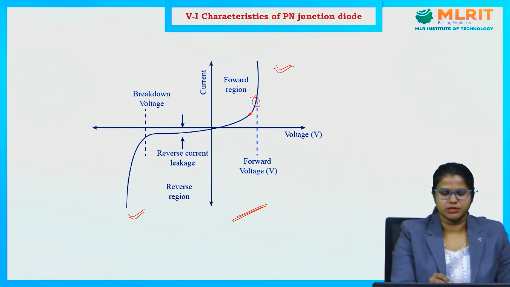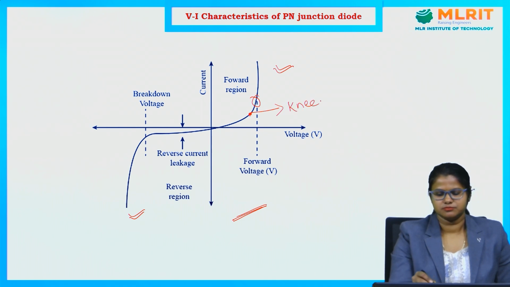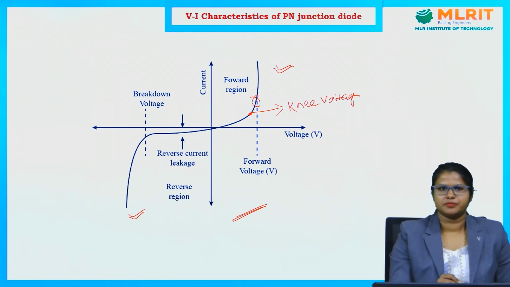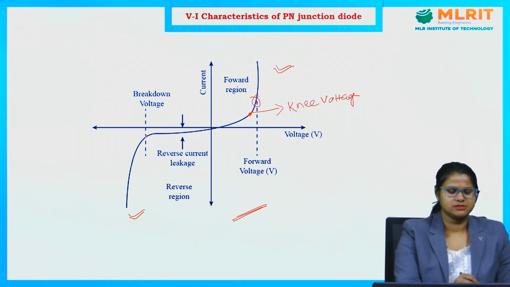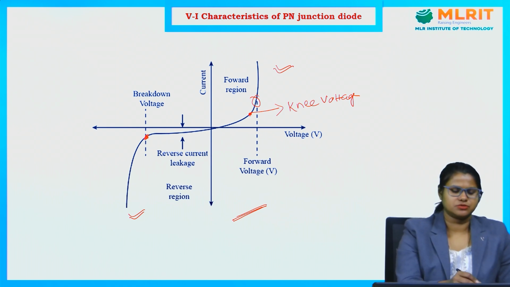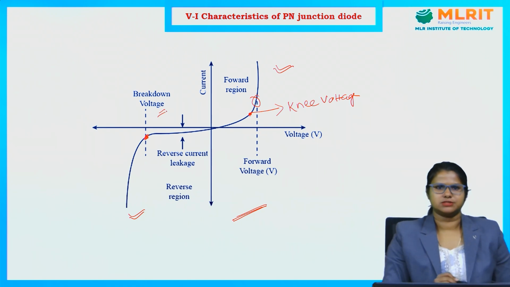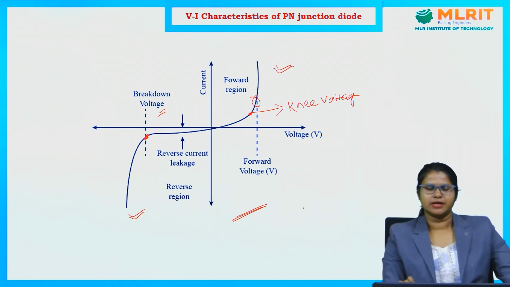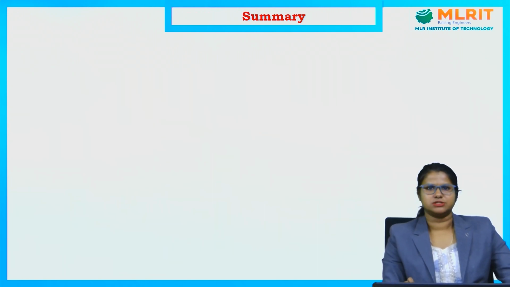So this point is known as the knee voltage. And in reverse bias, the reverse voltage at which the reverse current again starts increasing rapidly is known as the breakdown voltage. So this is all about the characteristics of the PN junction.